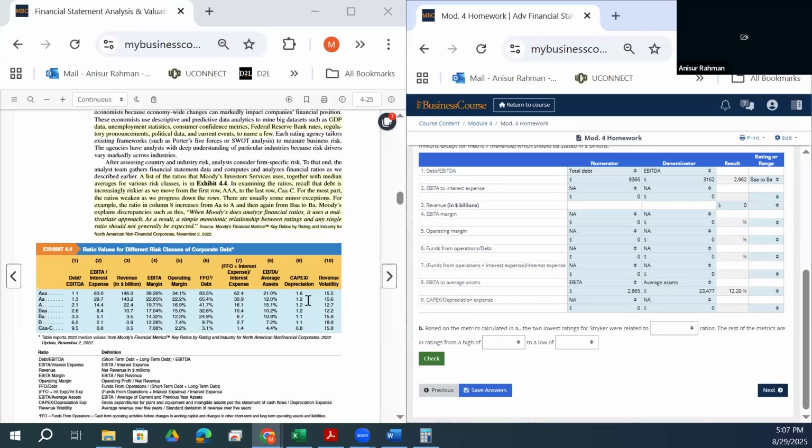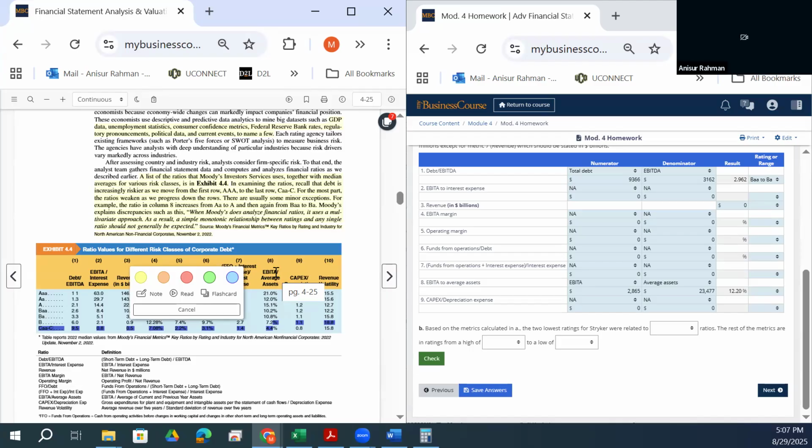So EBITDA to average assets, and we have 12.2. So 12.2 is closer to 12. Now, generally what happens, because it is EBITDA to average assets, and EBITDA is a measure of profit, right? Earnings before interest, taxes, and amortization. So generally you will expect the higher the value, the better it is.